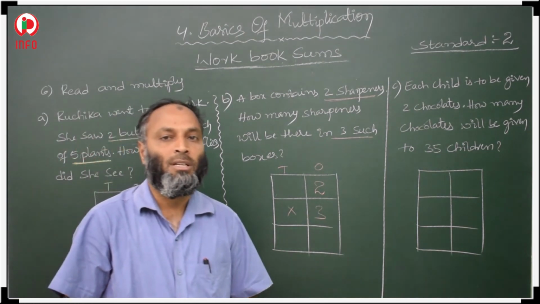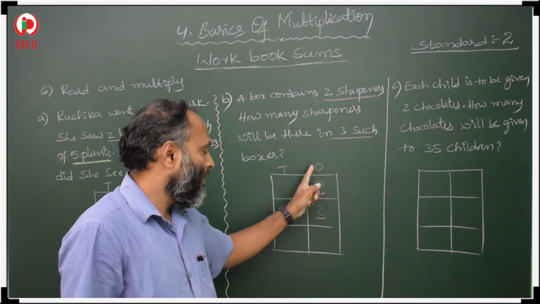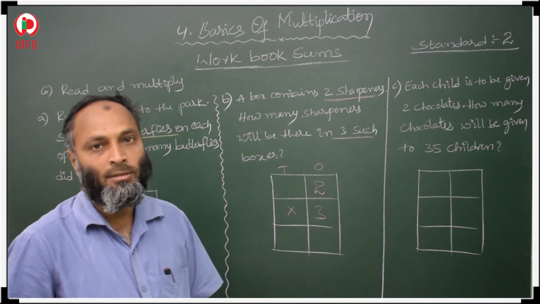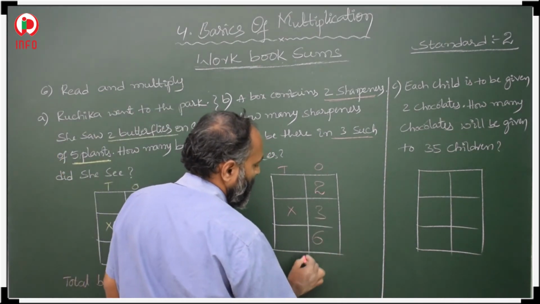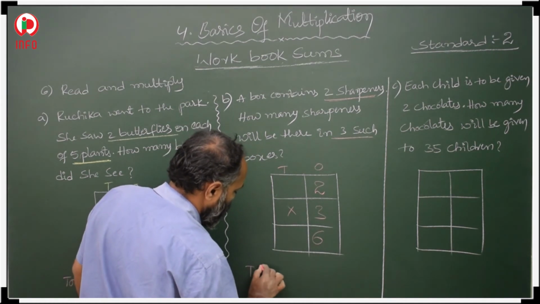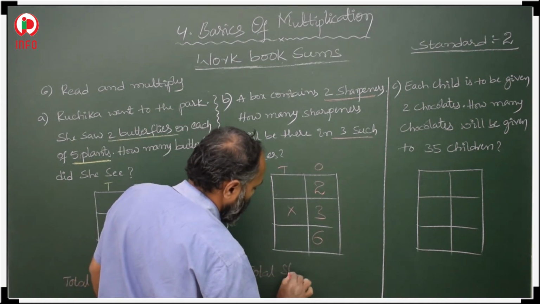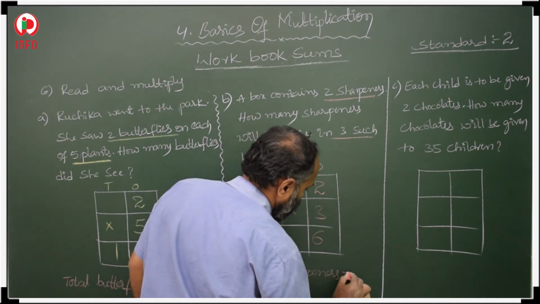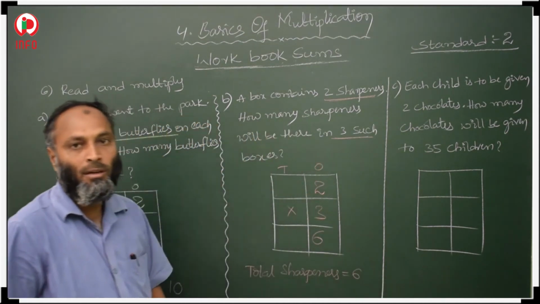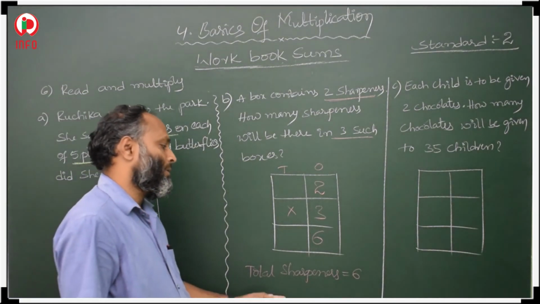Total how many sharpeners were there? We take 2 sharpeners and the number of boxes, 3. 2 3s are 6 sharpeners. Total 6 sharpeners.